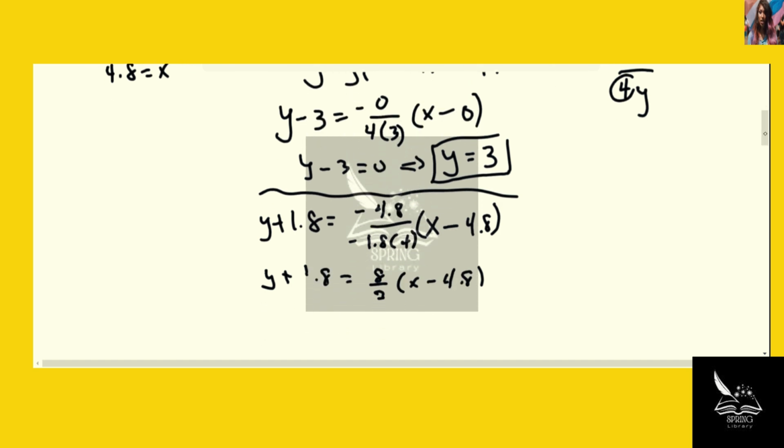So this simplifies to 2/3 when we do that. So now we simplify this. This is y plus 1.8 equals 2/3 times x minus 2/3 times 4.8, which is 16/5.